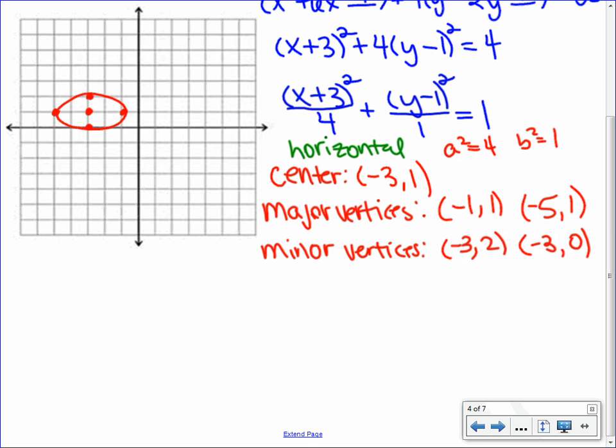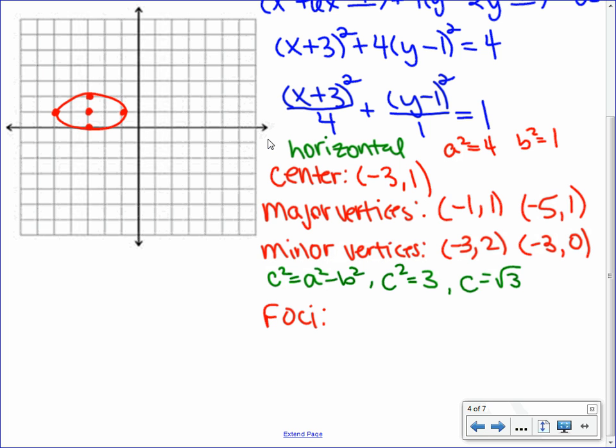Not yet. What else do we need? We need foci. Now, how do we find c squared? A squared minus b squared. So c squared is 4 minus 1, which is 3. So c is the square root of 3.